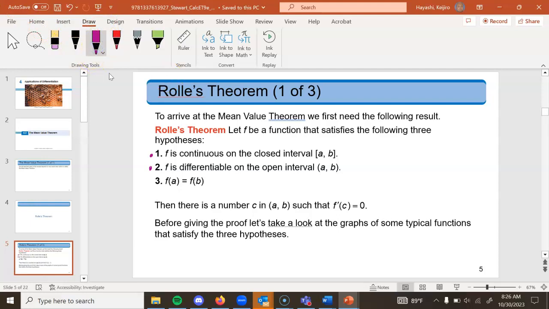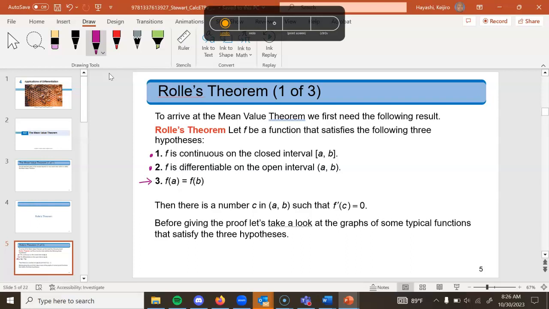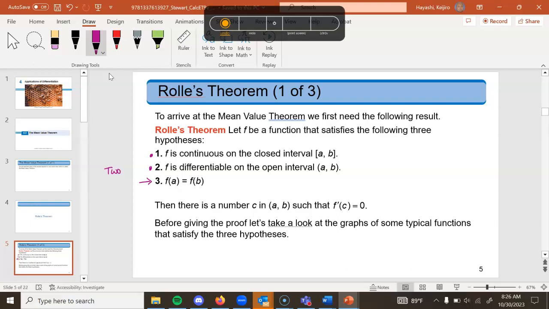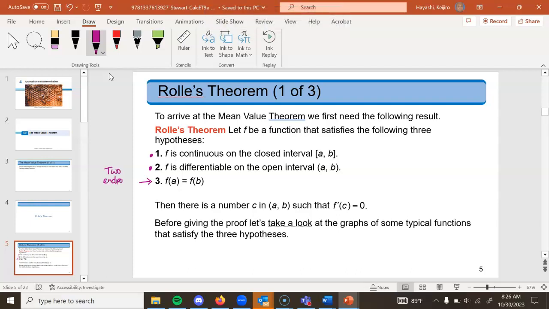And the third requirement is that the two endpoints are at the same level. So the two endpoints of the interval produce the same function value.